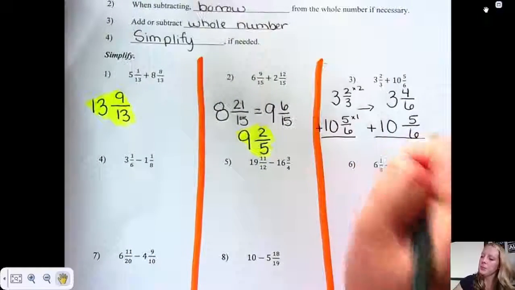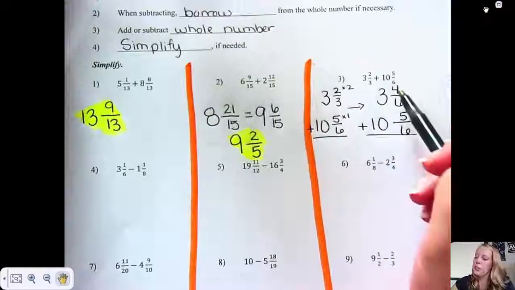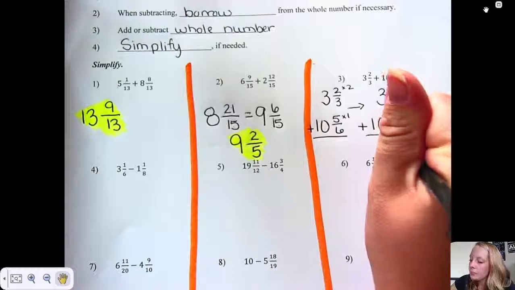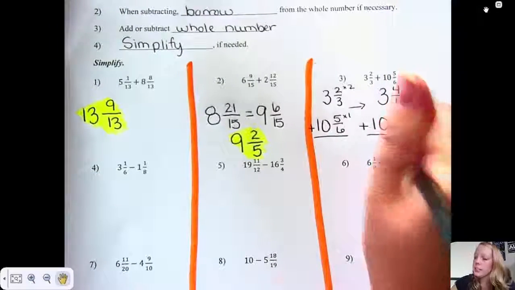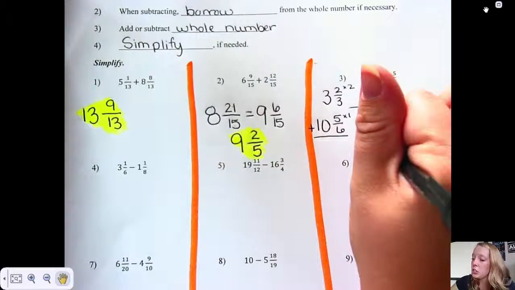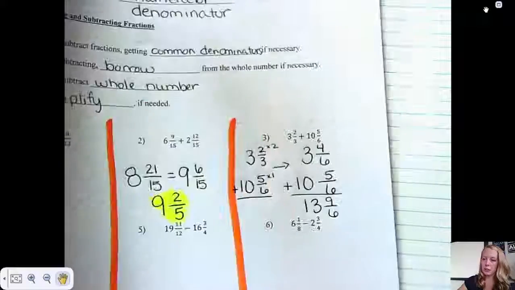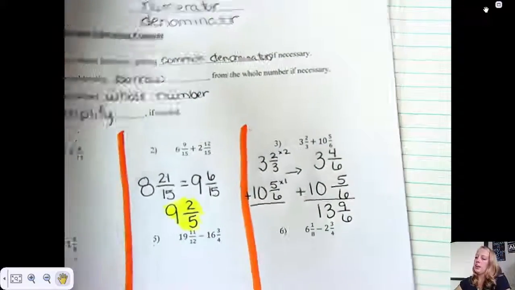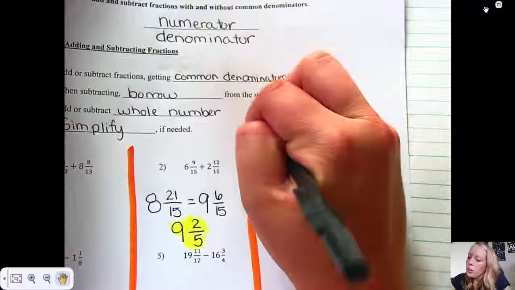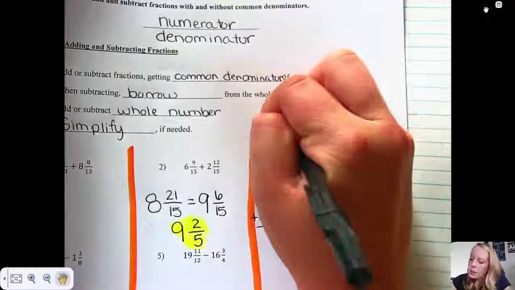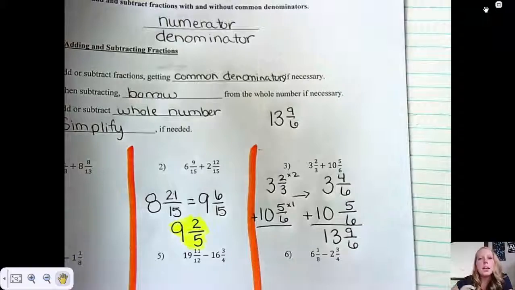Now, add the fractions. 4 plus 5 is 9 over 6, and 3 plus 10 is 13. Now, I'm going to have to get a little crafty here because I'm running out of room to write. I'm just going to go up here. 13 and 9 over 6. Well, this is like the last one. It is what I call top heavy.